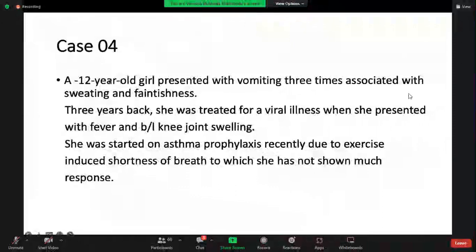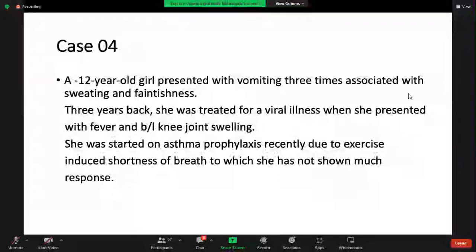This time presenting with vomiting and associated with sweating and faintishness, probably due to a cardiac cause. She was started on asthma prophylaxis, which did not respond. The exercise-induced shortness of breath is suggestive of cardiac disease. So probably rheumatic fever, complicated with valvular heart disease later on.